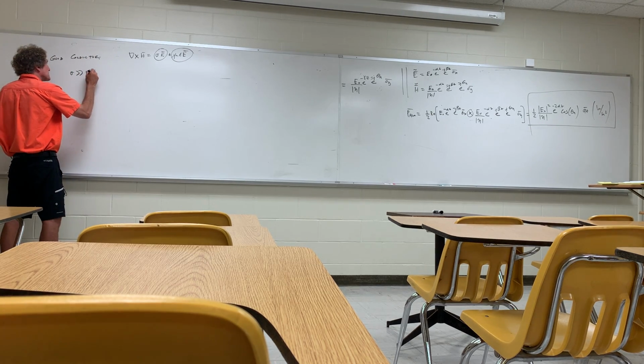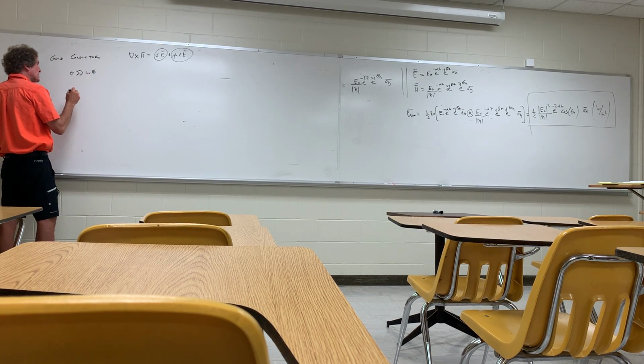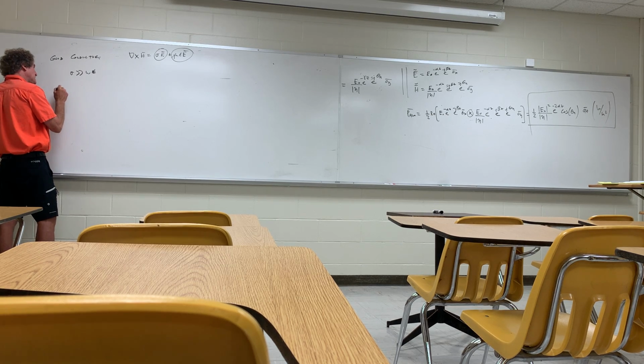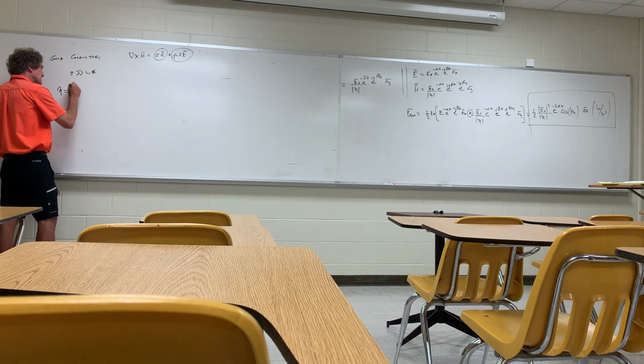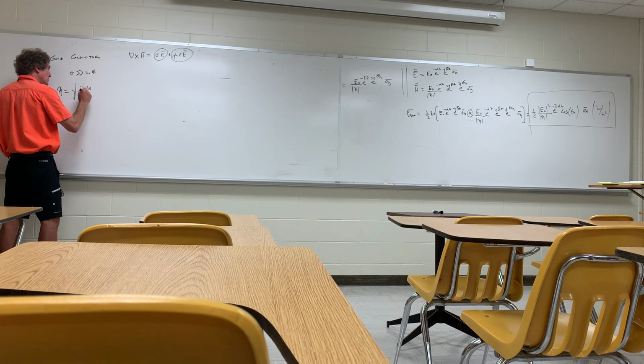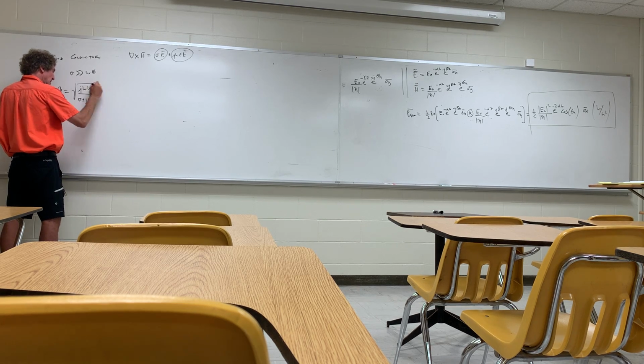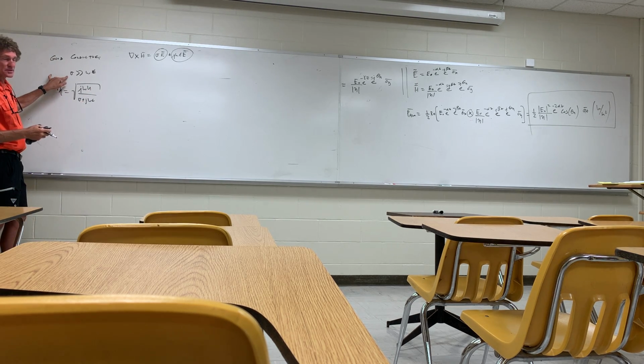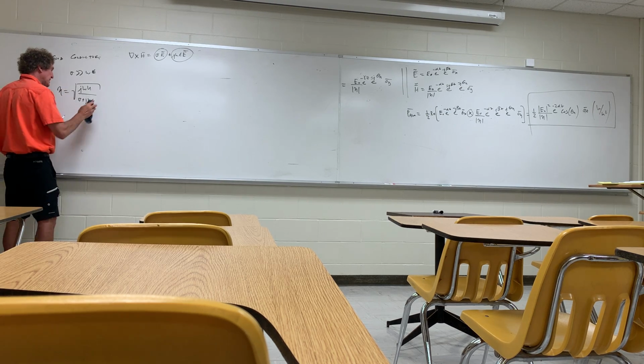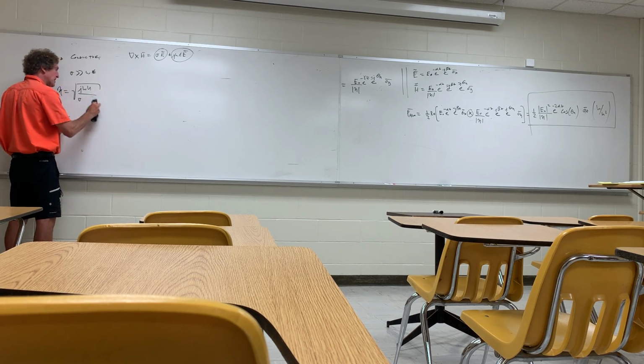So this is true. Now we take a look at some of the facts. In a good conductor, we have eta equal to the square root of j omega mu over, generally, sigma plus j omega epsilon. But because of this assumption, what happens? We can erase j omega epsilon, so I'm down to there.